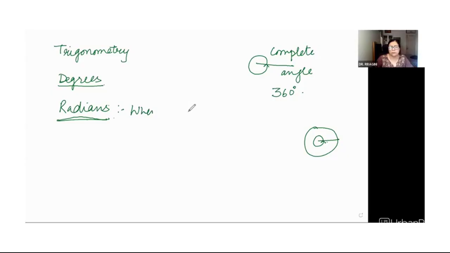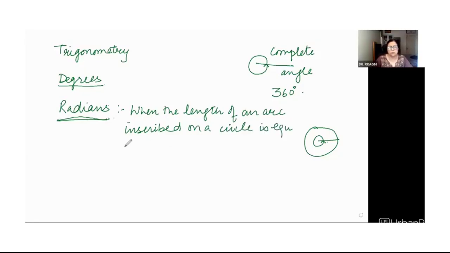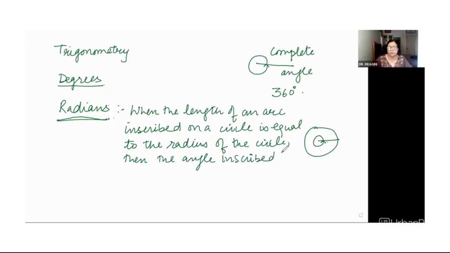When the length of an arc inscribed on a circle is equal to the radius of the circle, then the angle inscribed by the arc is 1 radian, right?